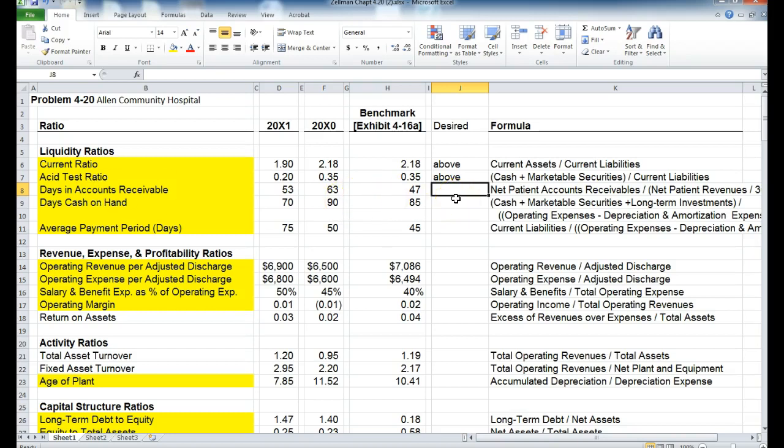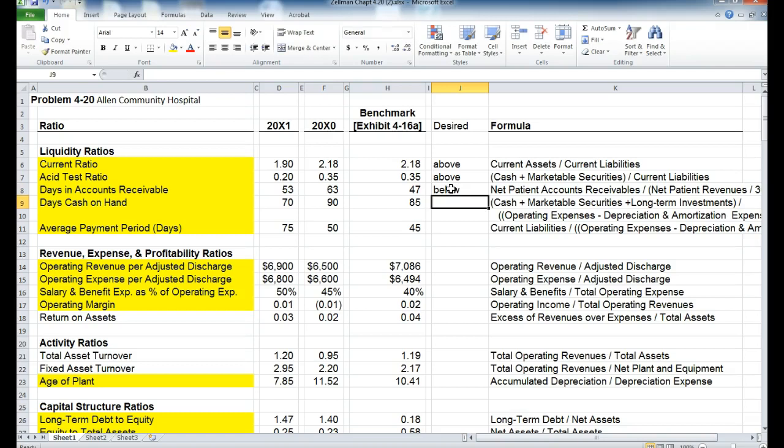Next is days in accounts receivable. This tells us how long it takes us to convert our receivable amount owed to us into cash. So the benchmark here is 47 days, and we want to be below that benchmark, right? Think about it. Would you rather get paid in 47 days or 63 days?